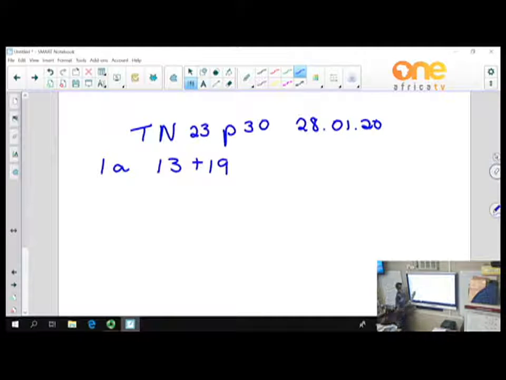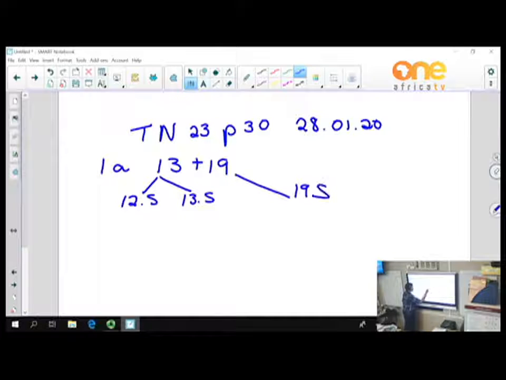So to the nearest whole number means this one will be 12.5 and 13.5. And this one will be 19.5 and 18.5. Because it's plus or minus 0.5. To the nearest whole number is plus or minus 0.5.